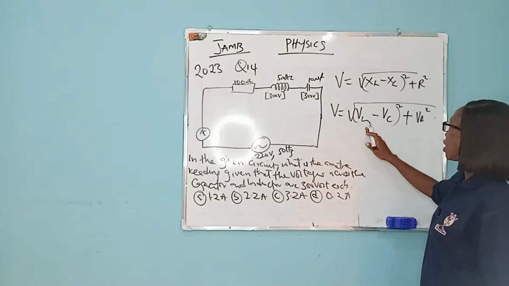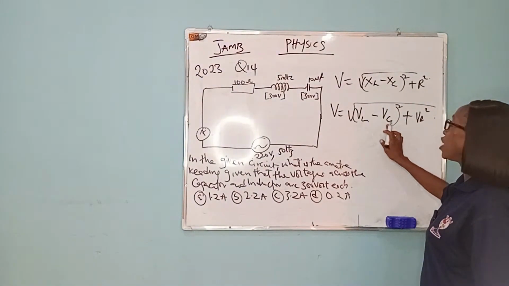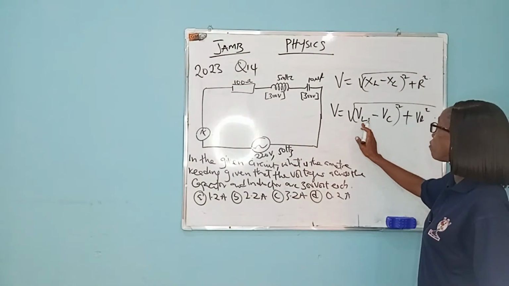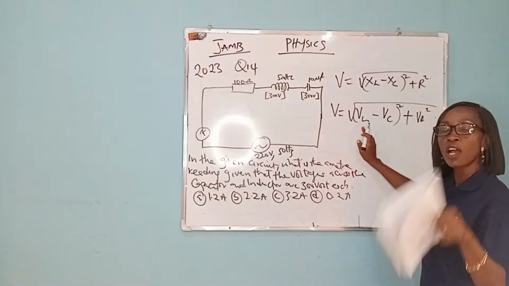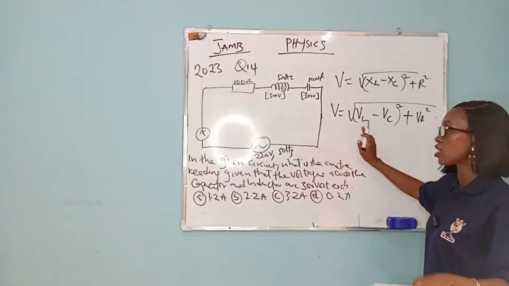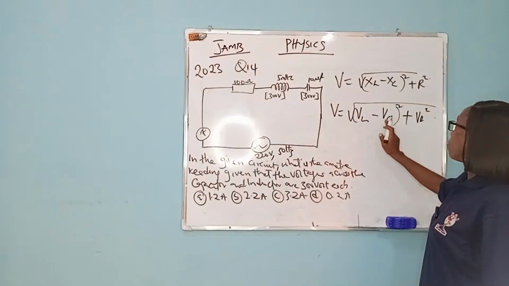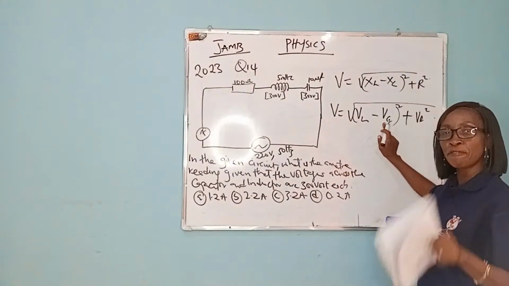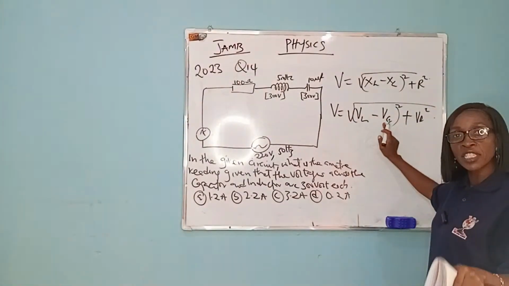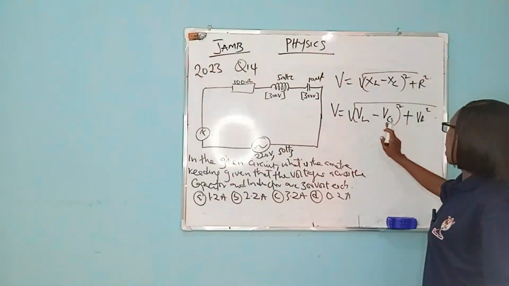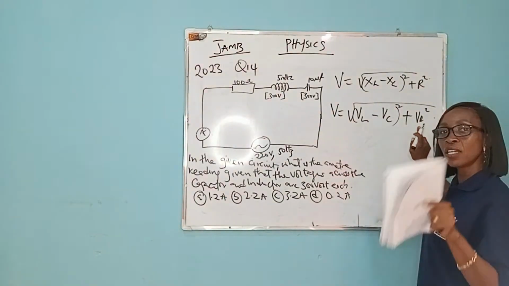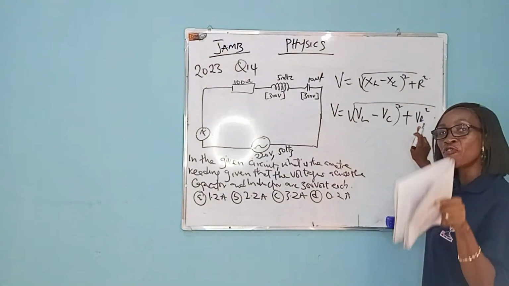VL represents the potential difference across the inductor, VC represents the potential difference across the capacitor, and VR represents the potential difference across the resistor.